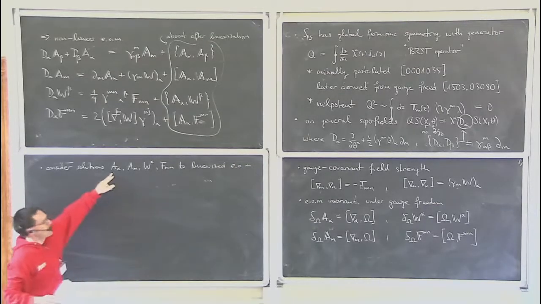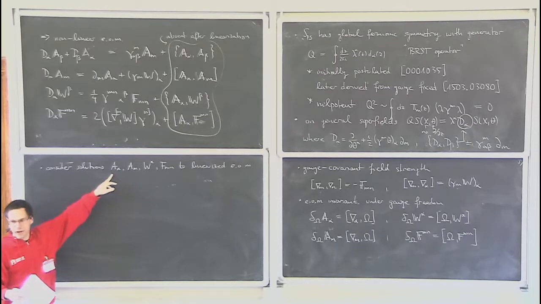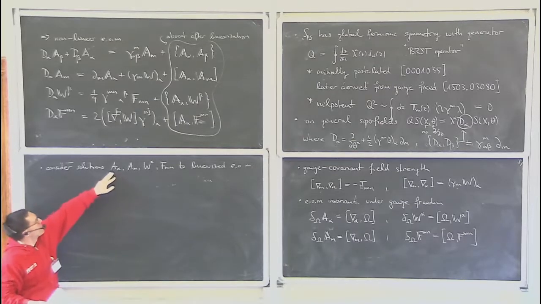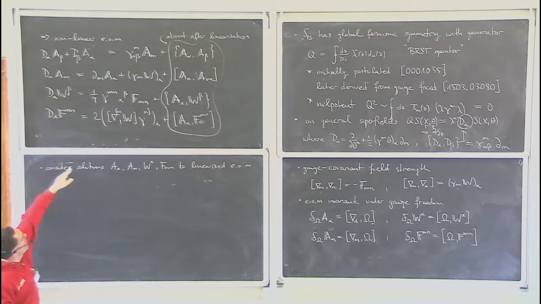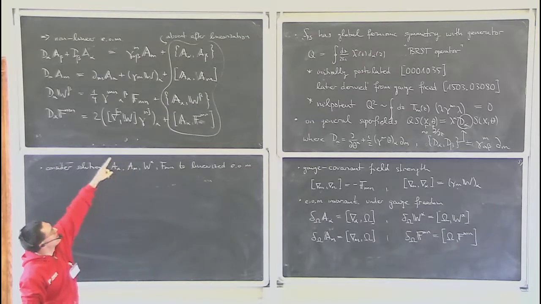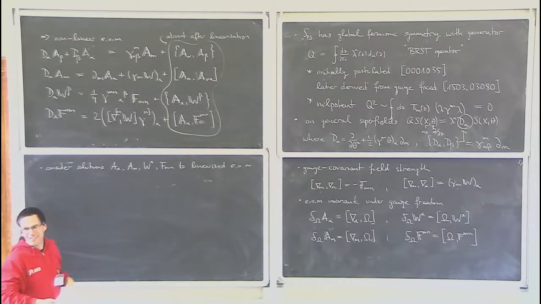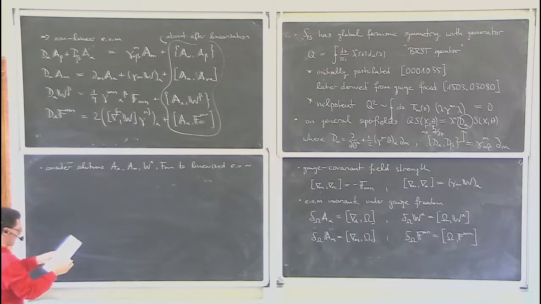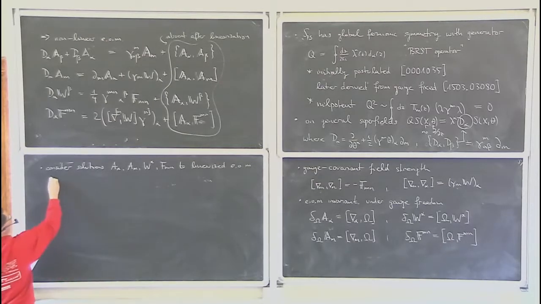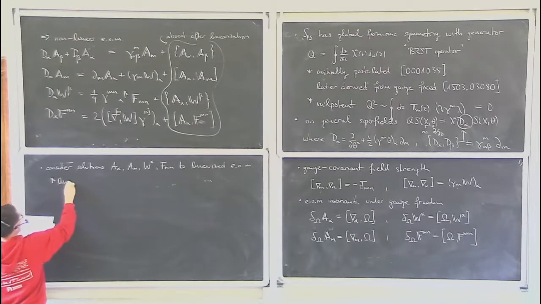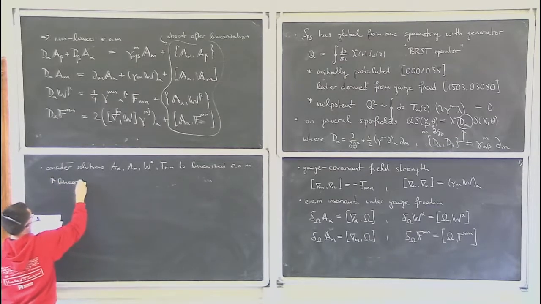So here, these things without any double line, these are the linearized versions, they satisfy equations of motion like the above, but where you drop all the nonlinear terms encircled in green. So that's the definition of these linearized solutions. And about those things, we can say that they have a linearized gauge freedom.